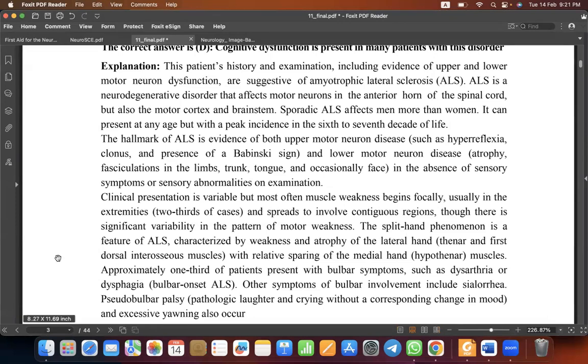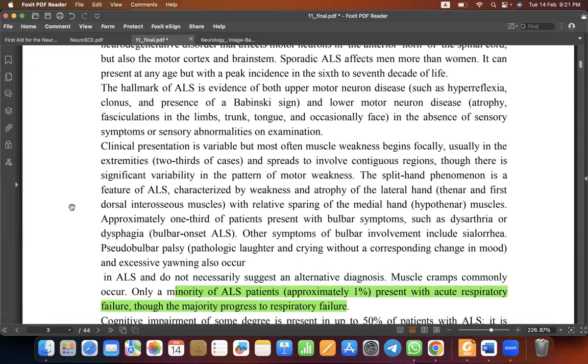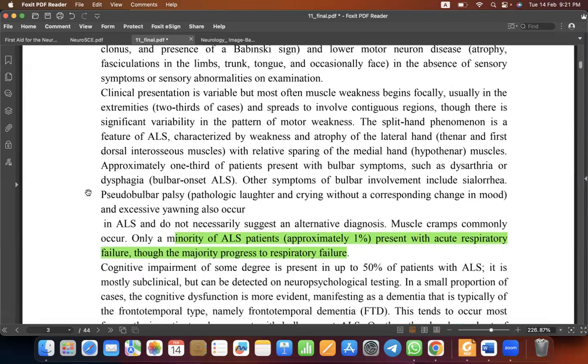Sometimes in bulbar onset ALS, there's dysarthria, dysphagia, also sialorrhea, which could be an important feature. In pseudobulbar palsy, there will be pathological laughter, also crying, excessive yawning, which could be an important feature as well. Only a minority of patients have acute respiratory failure.